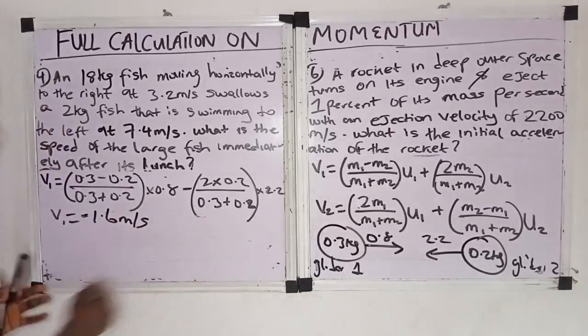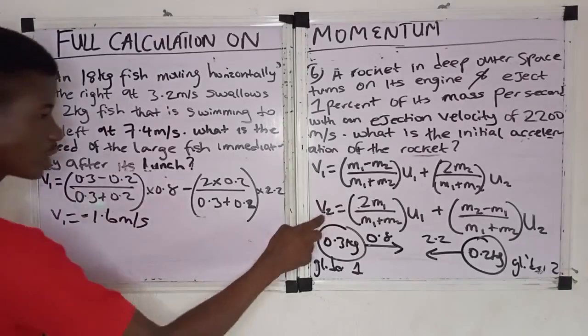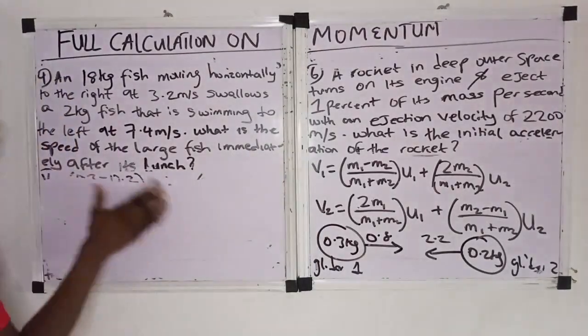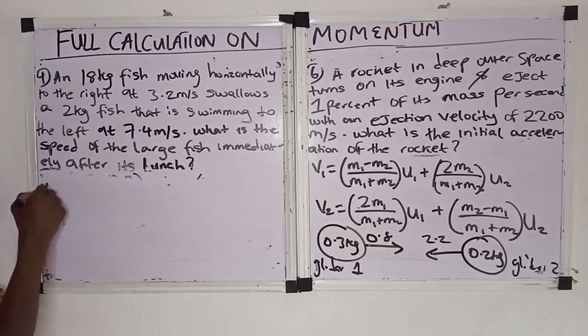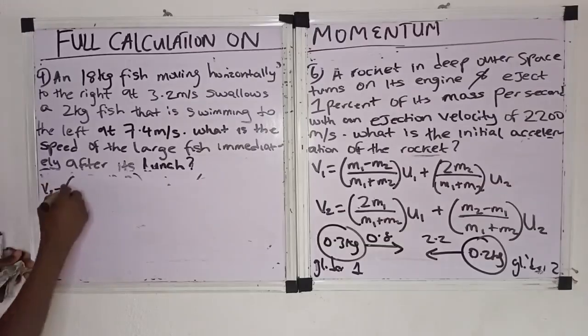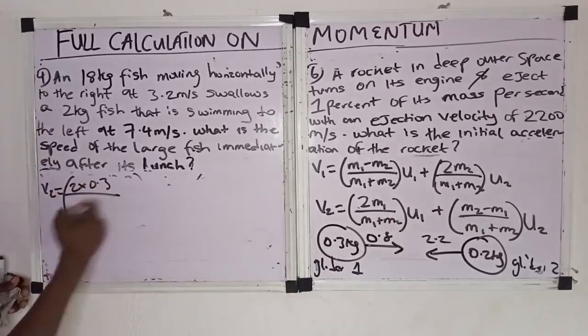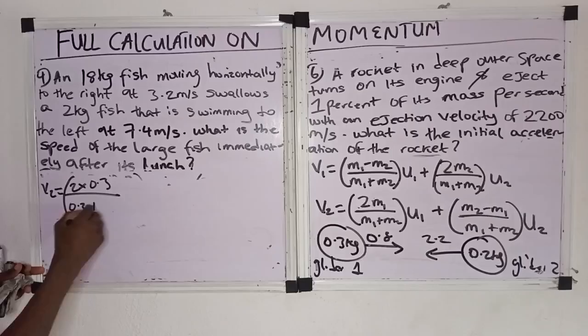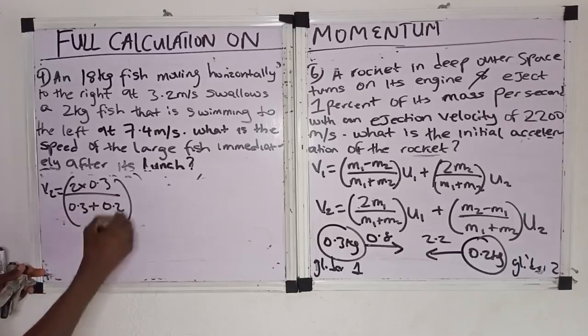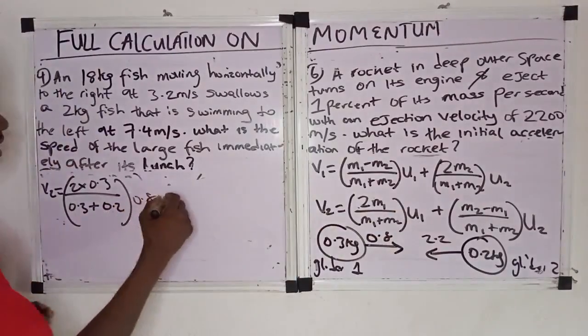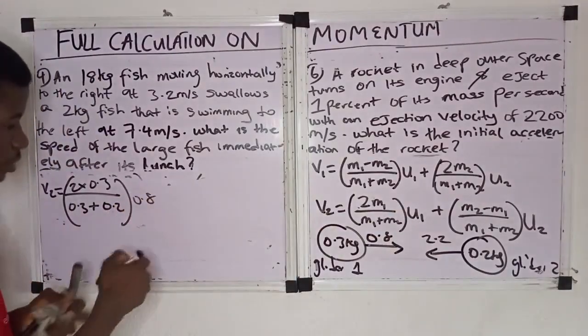Now let's look for V2. We use this formula to look for V2, which is very easy. V2 is equal to bracket open, 2 times M1, which is 0.3, divided by M1, 0.3, plus M2, 0.2, bracket close, multiplied by U1, which is 0.8. Then since they are going in opposite directions, we use minus.